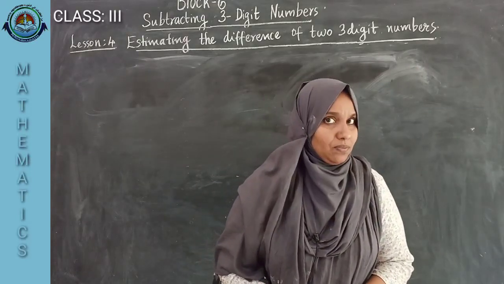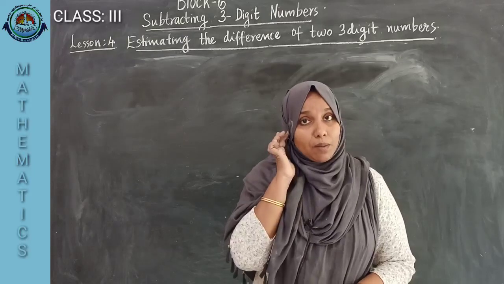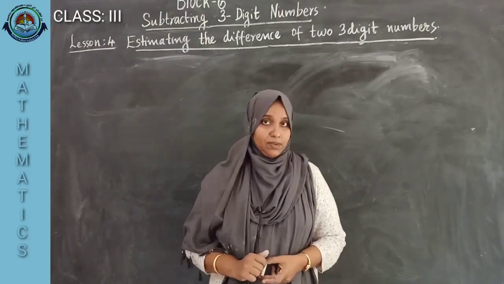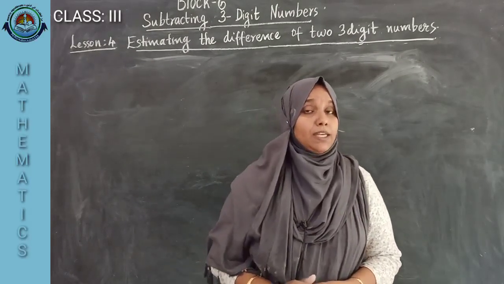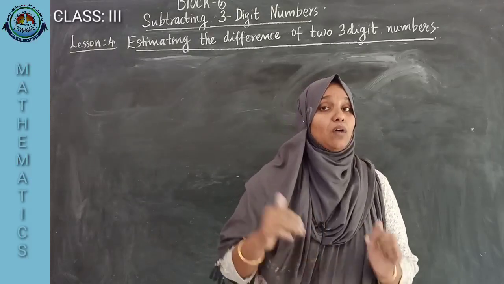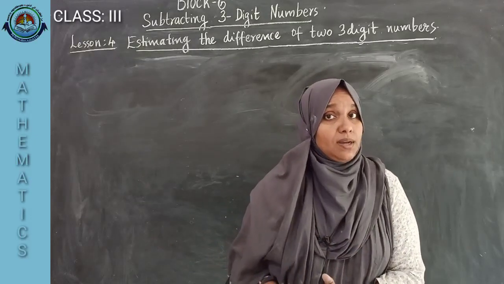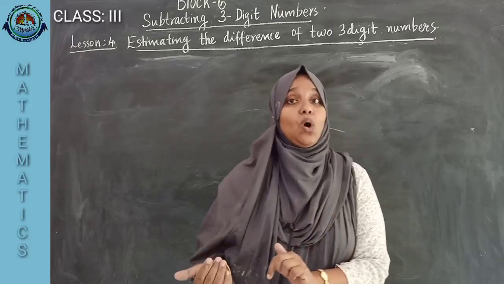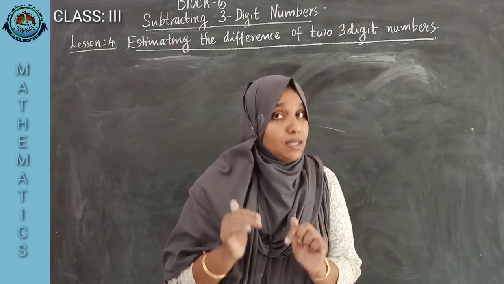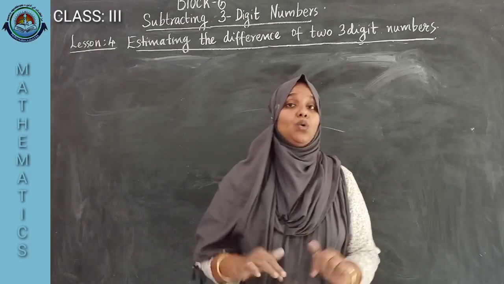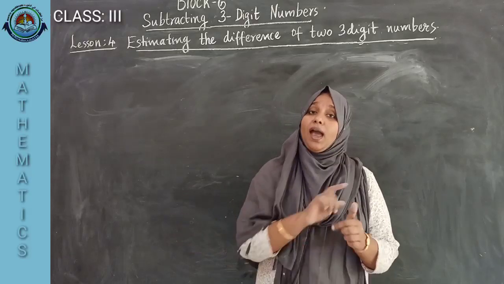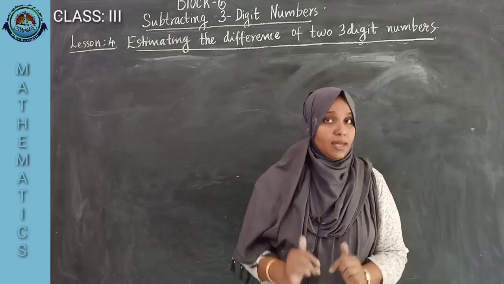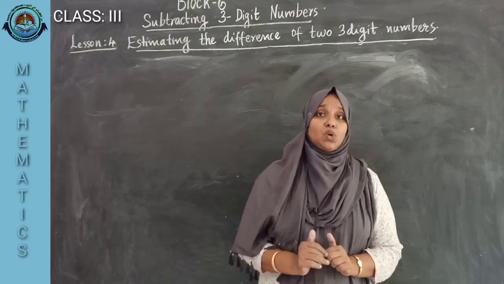We learned estimating the sum in our block 5 before. Estimating means we have to round off the numbers to the nearest 100 and add both the numbers. That is the estimation of sum.